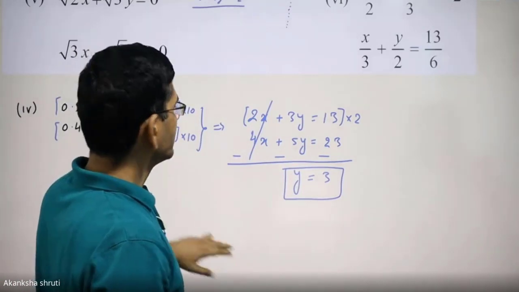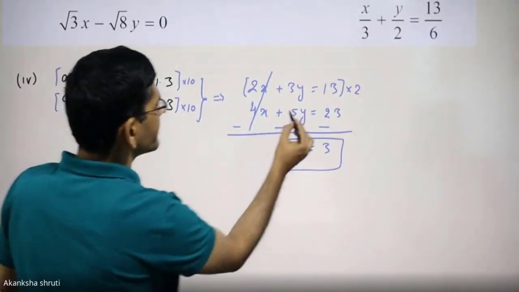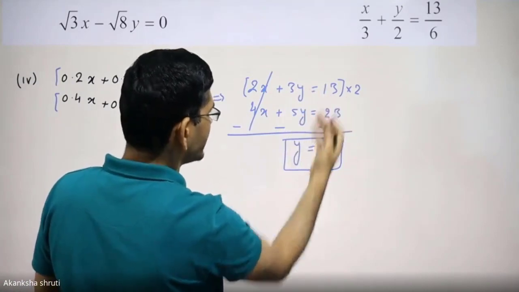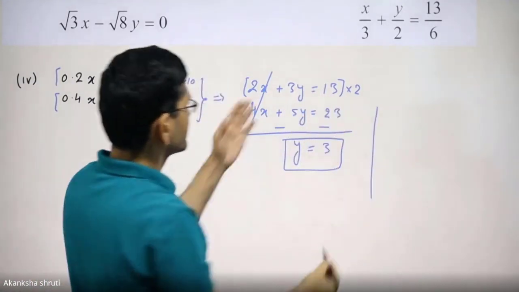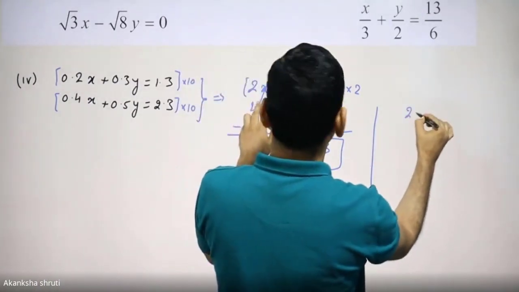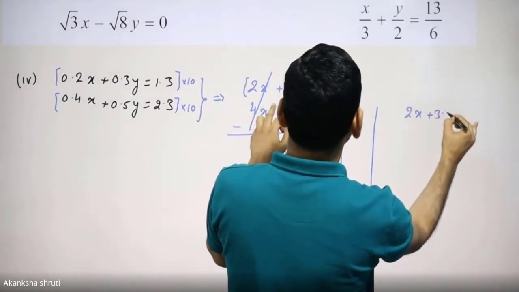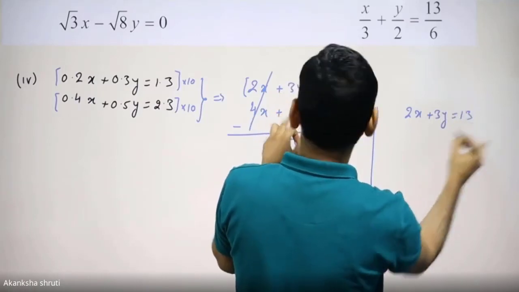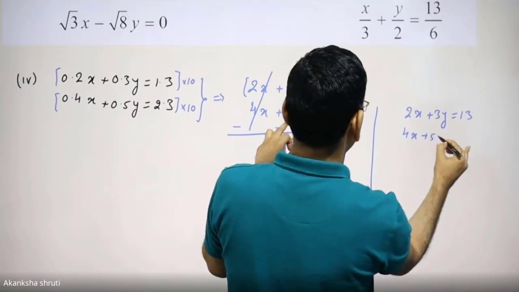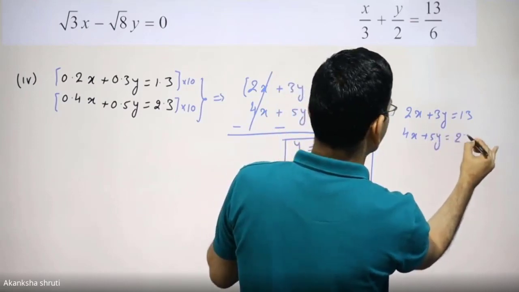Or for the other one, we may also multiply the first by 5 and second by 3. Then go on subtracting. Let me solve that one also. So 2x plus 3y is equals to 13, and 4x plus 5y is equals to 23.